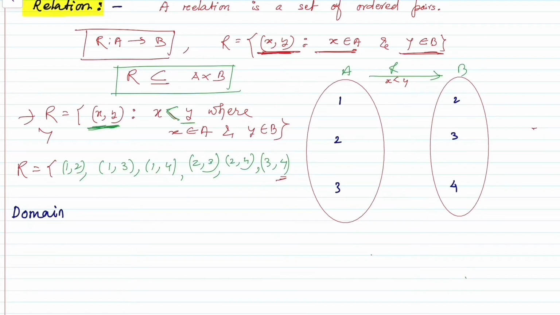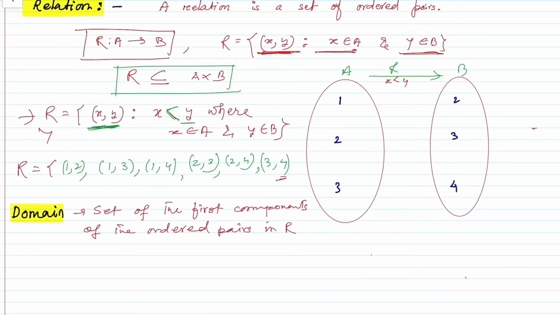Domain is nothing but the set of the first components of the ordered pairs of the relation R. So this is the relation R. Here all the first components are included in the set called the domain. So the domain of R in this case, for the above set, will contain 1, 2 and 3.